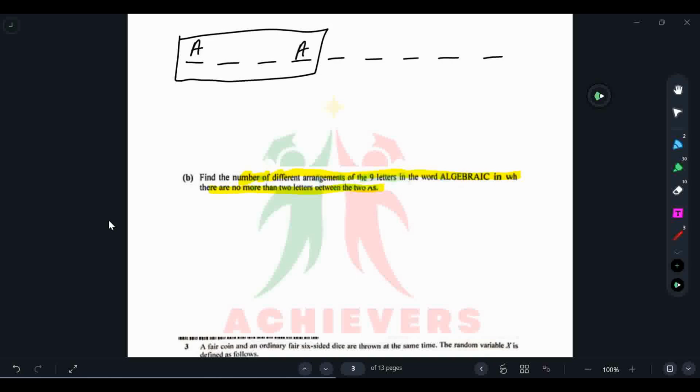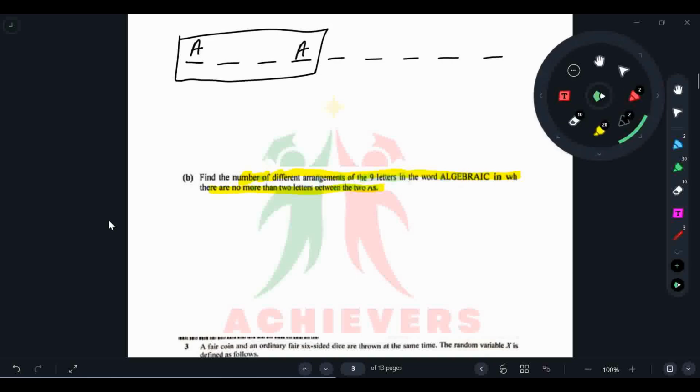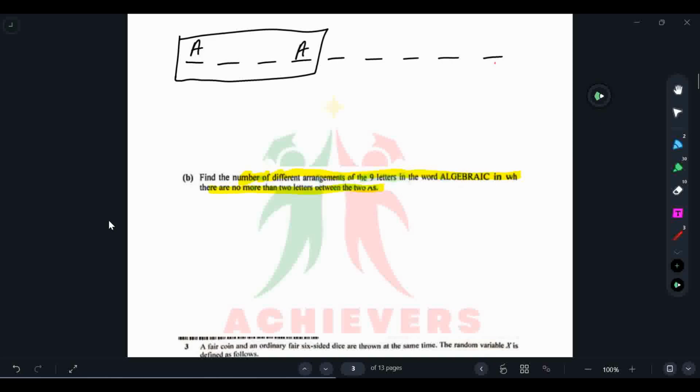Now for the remaining ones, we do not have any conditions, so we can use 1, 2, 3, 4, 5, and this one 6. For this portion we will have 6 factorial, and for this one we can use the factorial or the permutation. So 7P2.